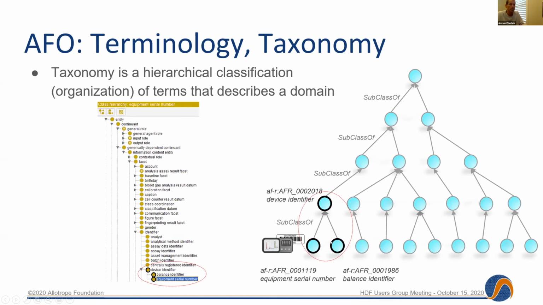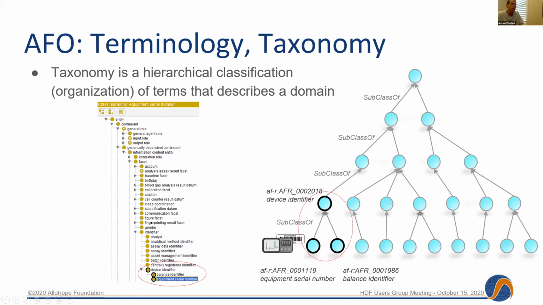It's a subclass or a child of the parent's device identifier. And if we look at the entire tree, the device identifier is a subtype or subclass of an identifier, and so on. We see the entire taxonomy.